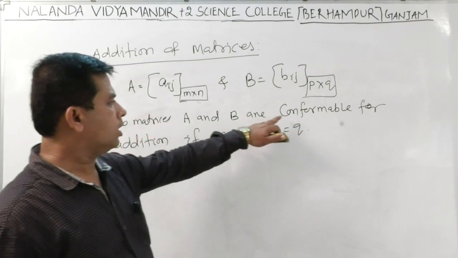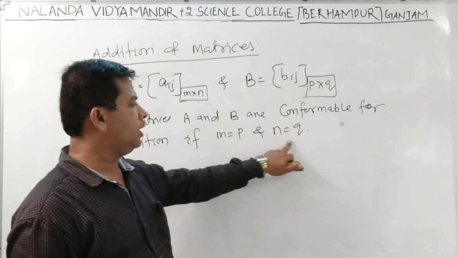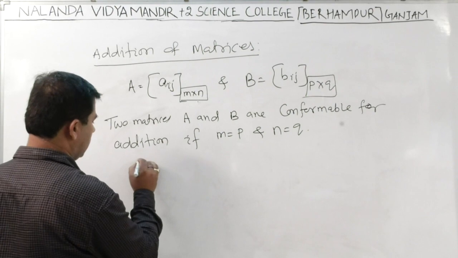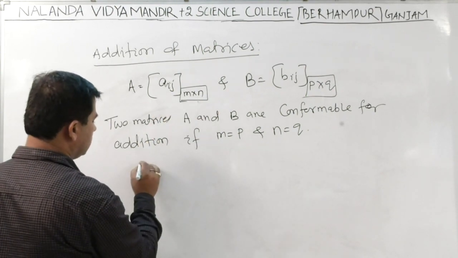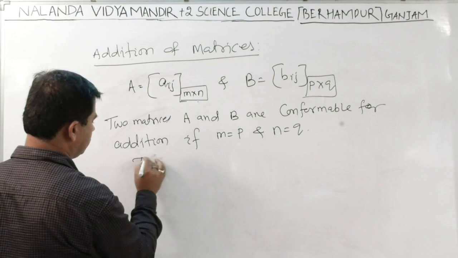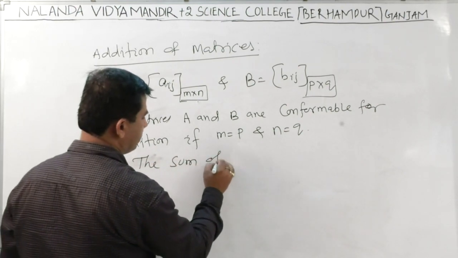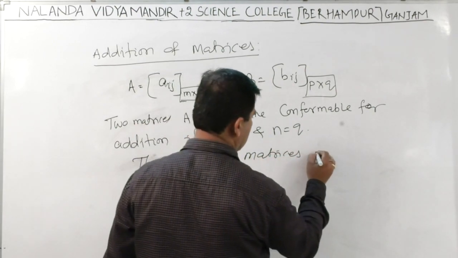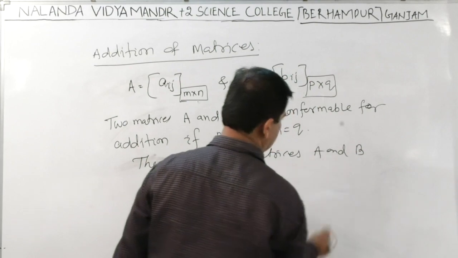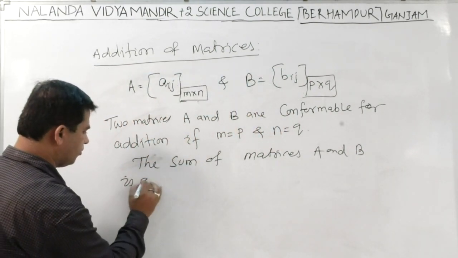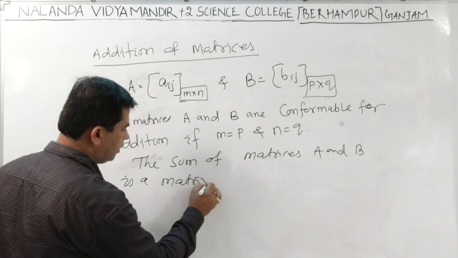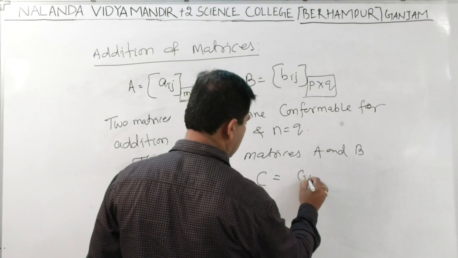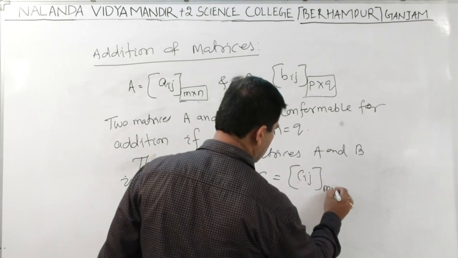And after addition of A and B, the sum of matrices A and B is a matrix, let C = [Cij] of order m cross n.